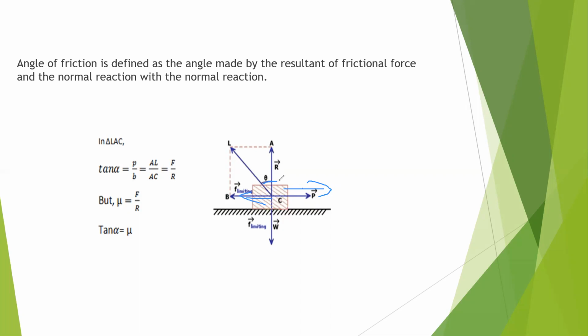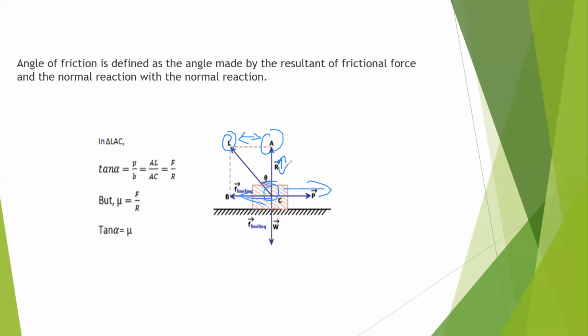You can see from the triangle LAC. Here your L is there. So this is the triangle LAC. From this triangle, tan alpha is equal to P divided by B, that is AL divided by AC.